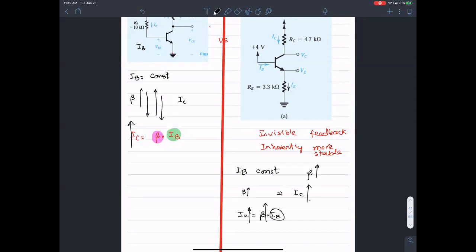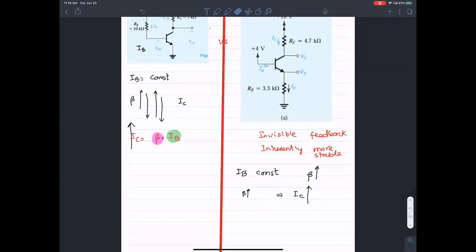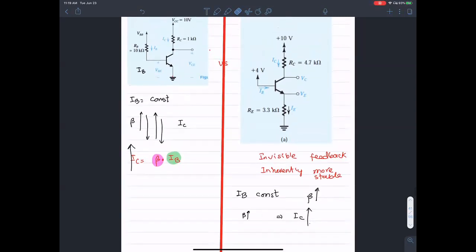It increases, right? So let's say IC is trying to increase. Earlier, when IC increased, there was no way for me to keep it from increasing. But here, because of the resistance down below, think about what happens. When IC increases, the amount of current flowing here increases.